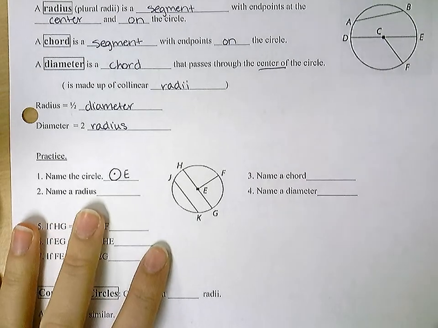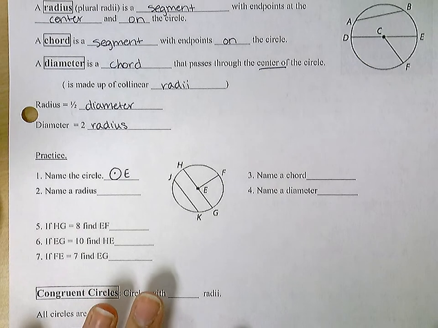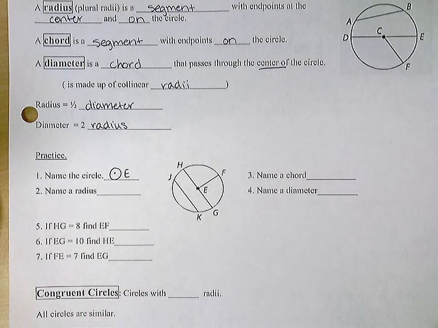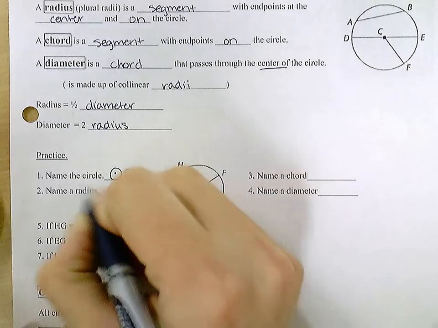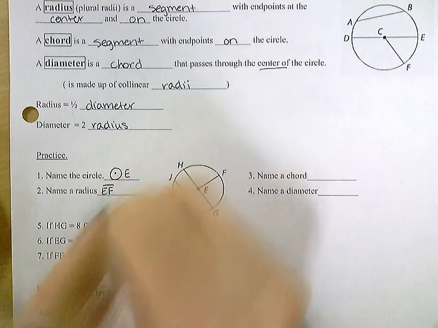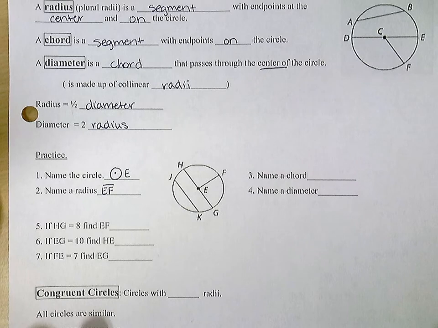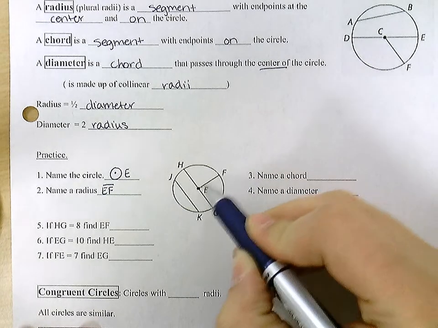Number two, we want to name a radius. A radius goes from the center and has an endpoint on the circle. There are 3 different radii here. One radius would be EF.